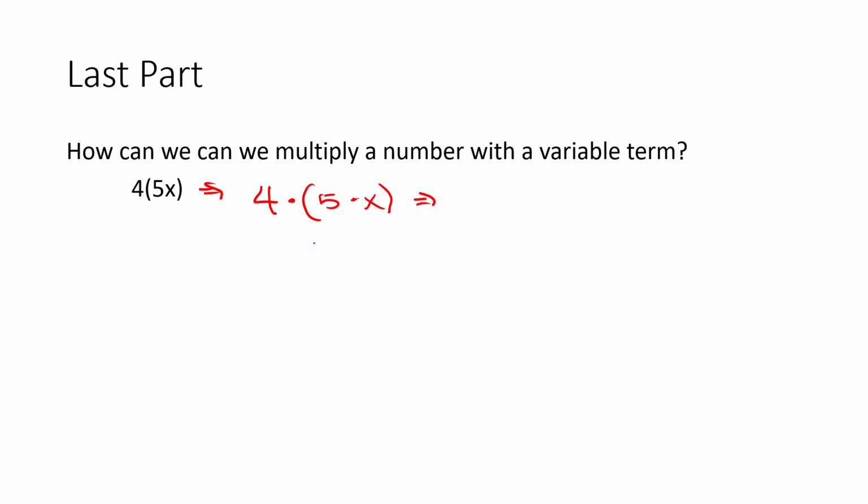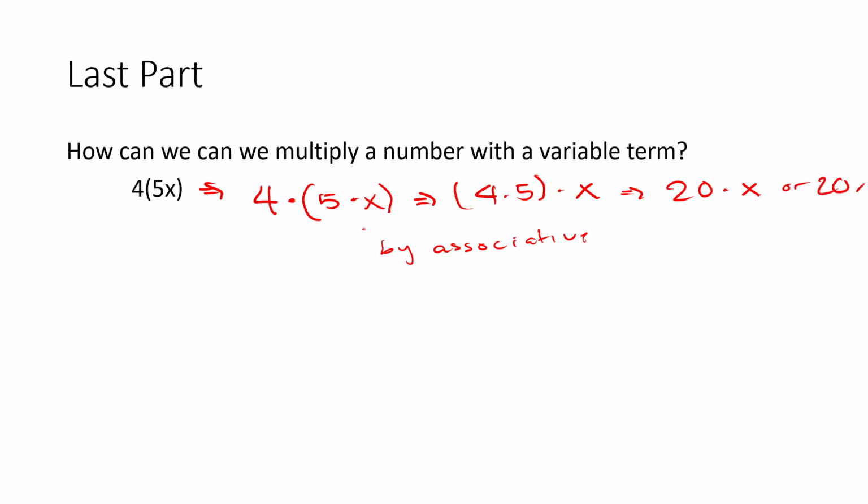Now, do you guys remember the property of multiplication that allows us to move the parentheses around? Sorry about that. It is the associative property. The associative property says we can change this into 4 times 5 times x. 4 times 5 times x gives you 20 times x, or 20x, okay?